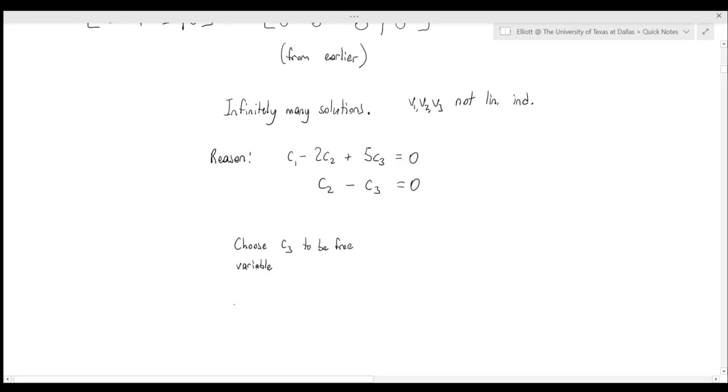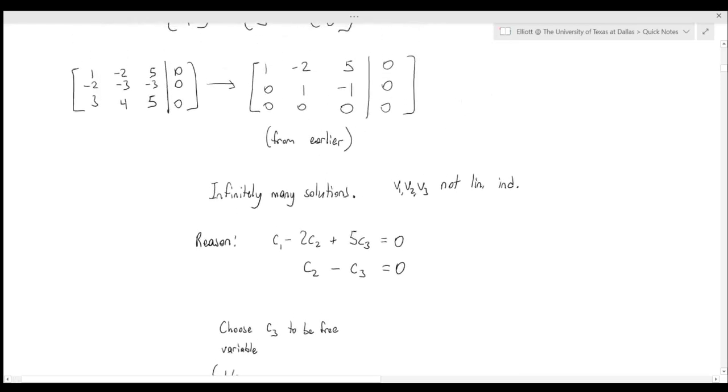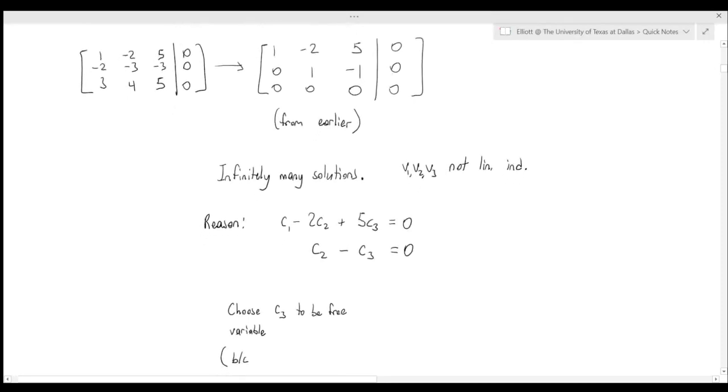And as a reminder on which variables we typically choose to be free. So this is something we talked about some time ago. But going back to the reduced matrix, any column that is missing a pivot will give you a free variable.